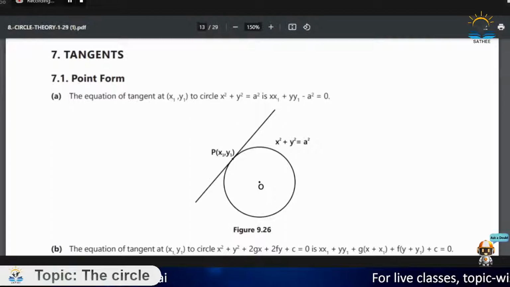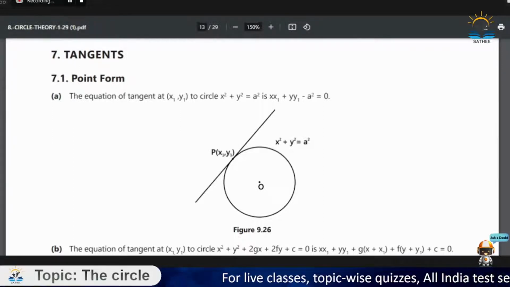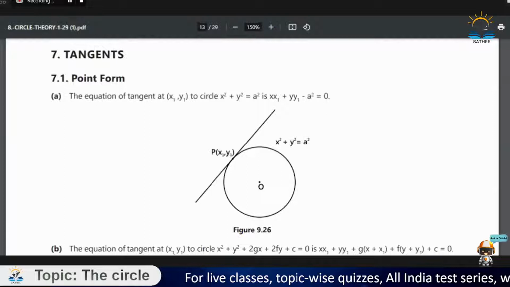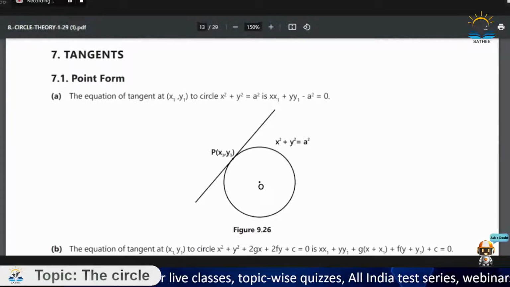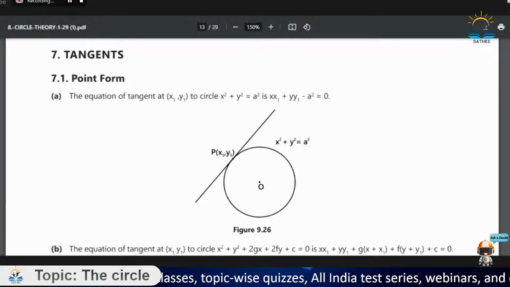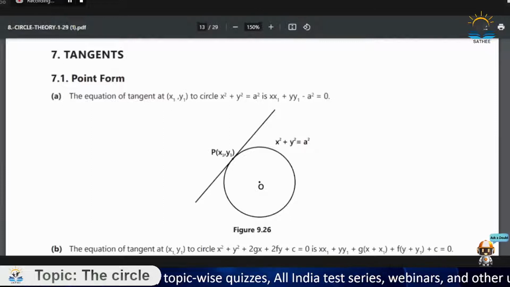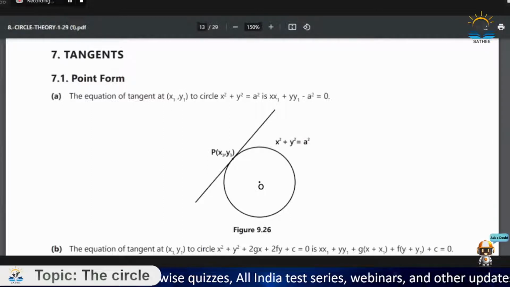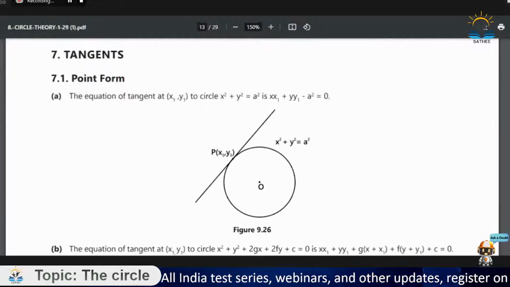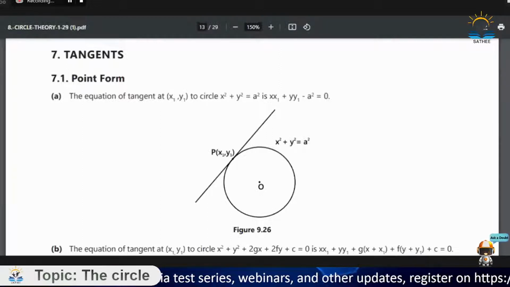So first of all, we know a point from which the line is passing. What other thing we know is the slope of the line. How do we know the slope of the line? Because we know the radius is perpendicular to the tangent. So since the radius is perpendicular to the tangent, if we know the center of the circle and the point, from this information we will know the slope of the radius.